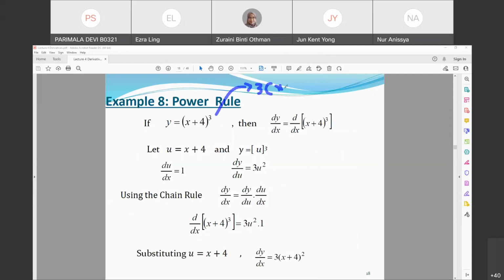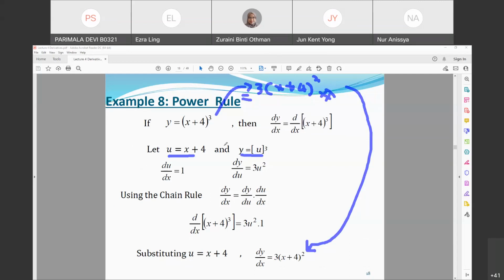Dalam ni ialah x campur 4. Atas tu ialah kuasa 2 darab dengan 1. So the final answer 3 darab 1 ialah 3 lah. So this is the final answer. Okay, kalau guna power rule, nampak tak? Akhirnya sama. But this contoh, dia guna chain rule.